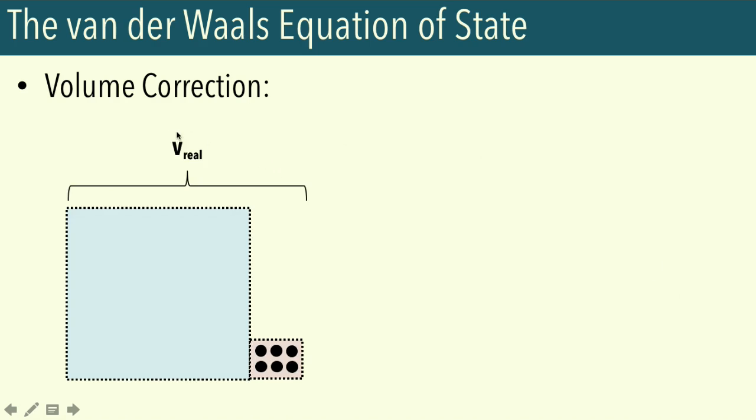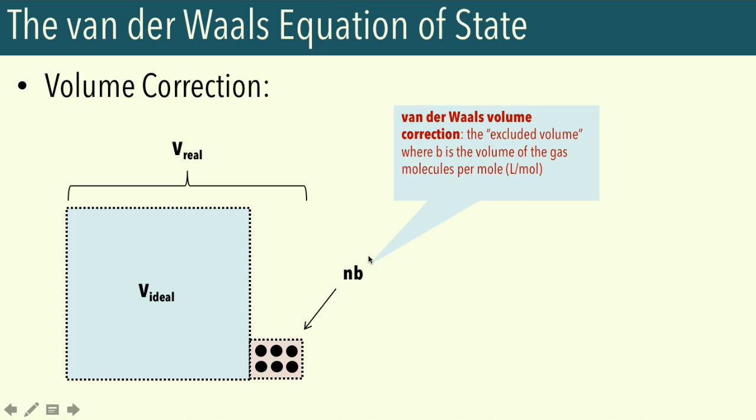Overall, this entire part, the blue part and the red part, is the real volume of our gas. It is composed of our ideal gas volume as well as the volume of our gas molecules, which is represented by this term over here. This is our corrective term, nb. This is the part that we'll be adding. So this is the van der Waals volume correction.